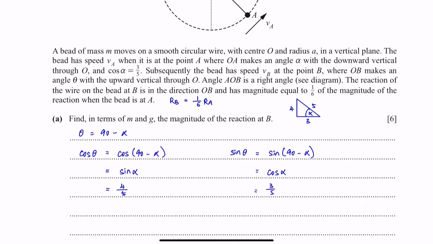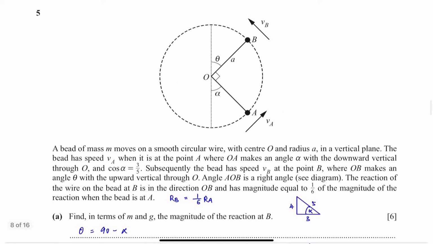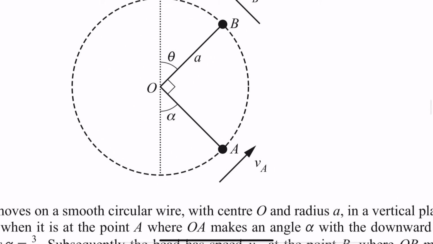Now we need to consider the forces at A and B. We have weight, which is mg, and a reaction, which we call Ra.